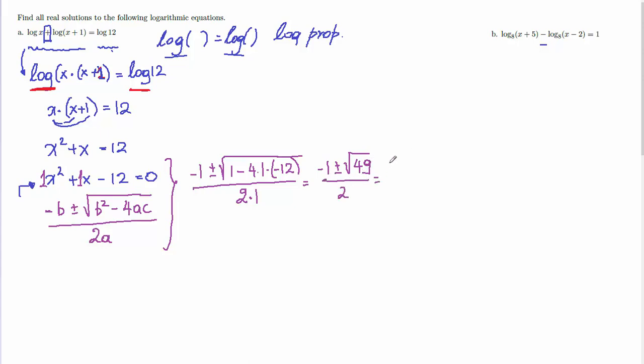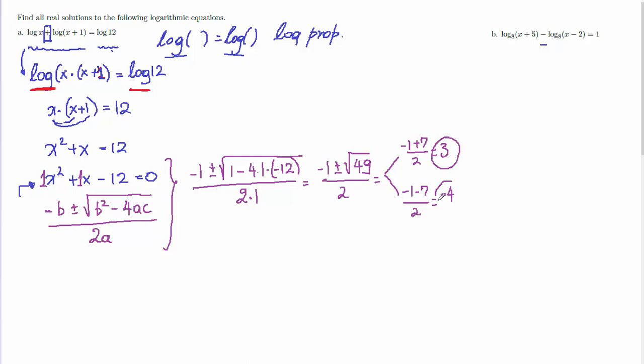The square root of 49 is 7. So this gives me two solutions: negative 1 plus 7 divided by 2, and negative 1 minus 7 divided by 2. If I simplify, 6 over 2 is 3, and negative 8 divided by 2 is negative 4.